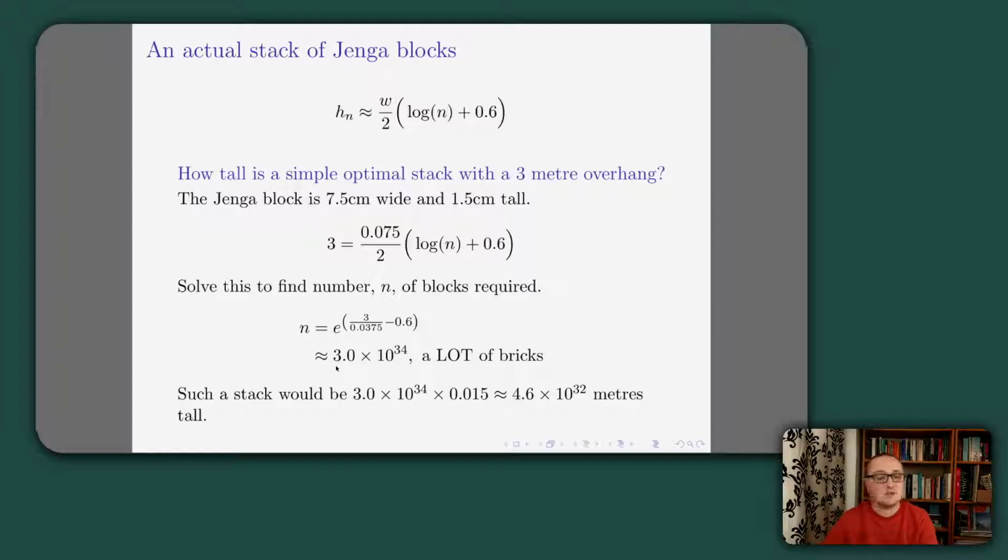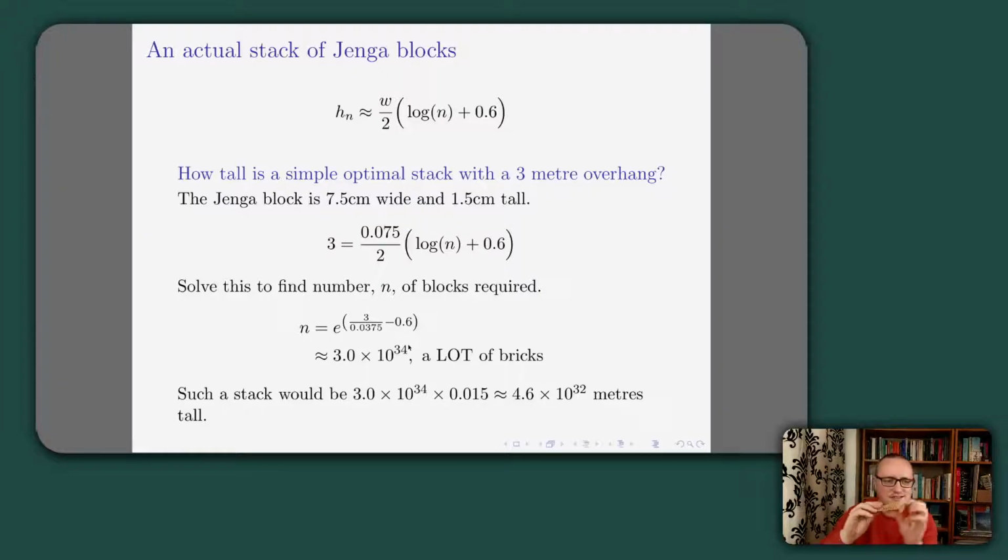Now n is the number of these Jenga blocks I need. So we seem to be saying that we need approximately 3 times 10 to the 34 of these Jenga blocks to build a stack like we have been doing and achieve an overhang of 3 meters. Now 3 times 10 to the 34 is a big number. It's a 3 with 34 zeros after it.